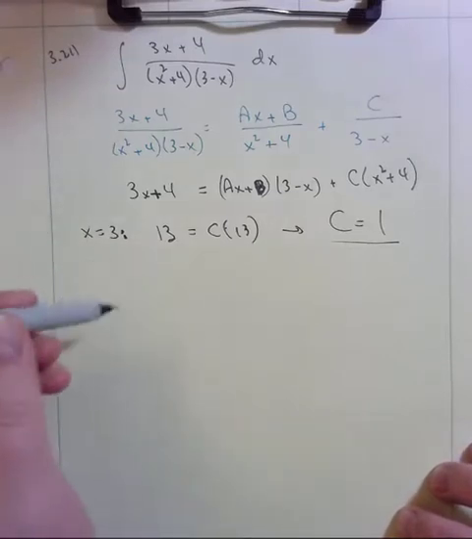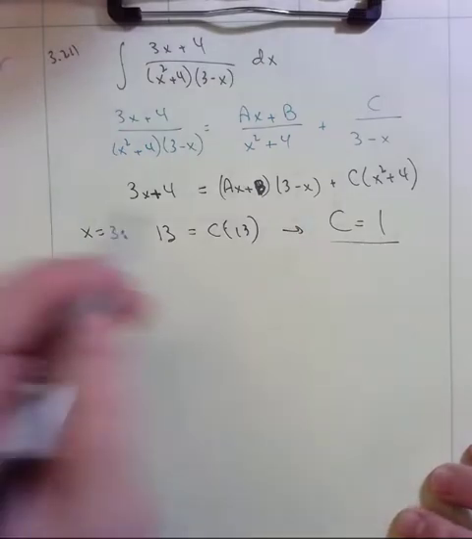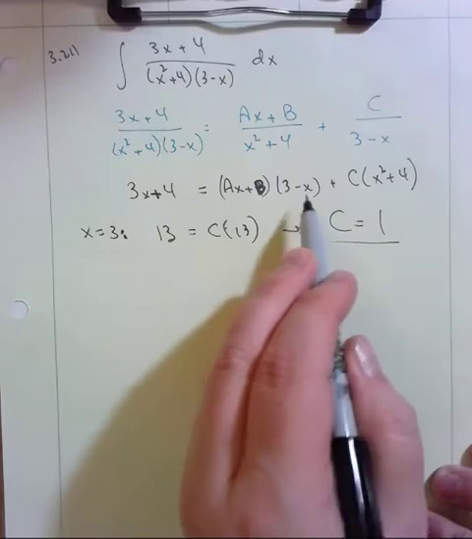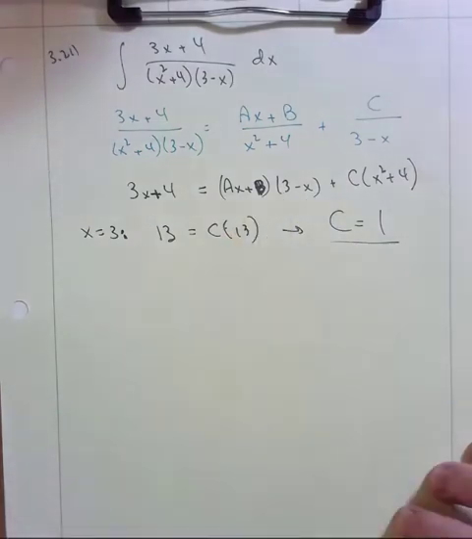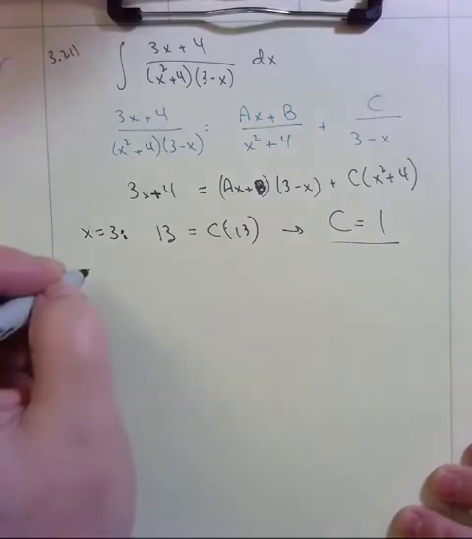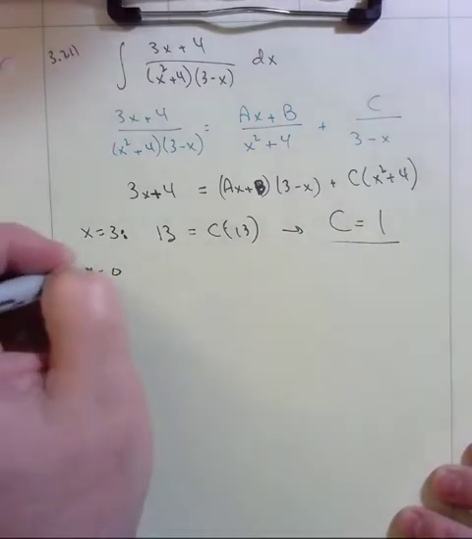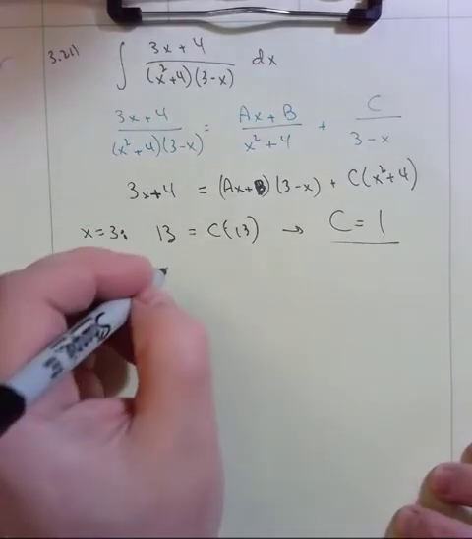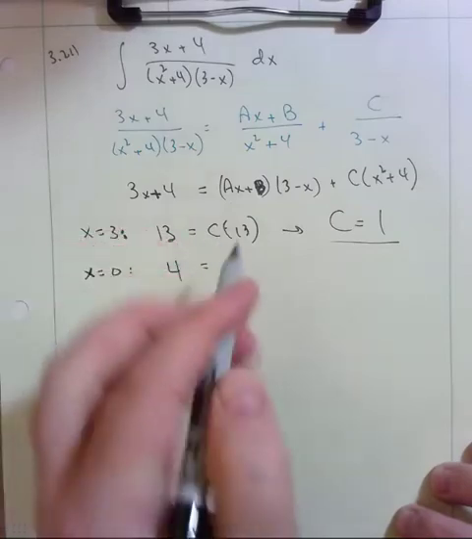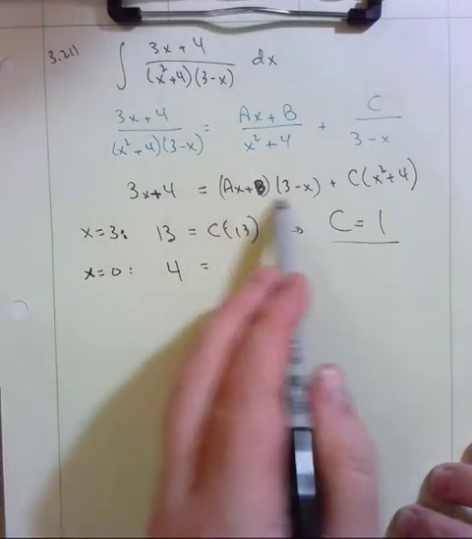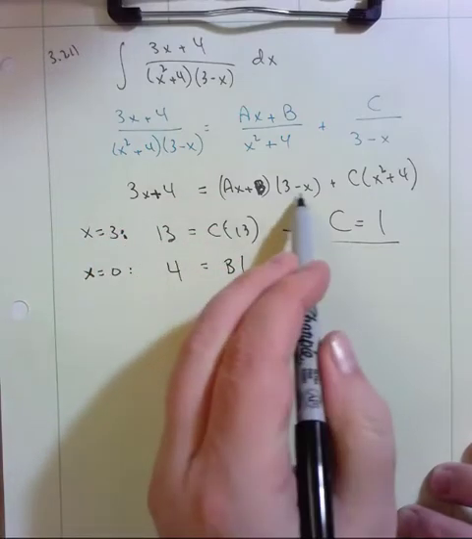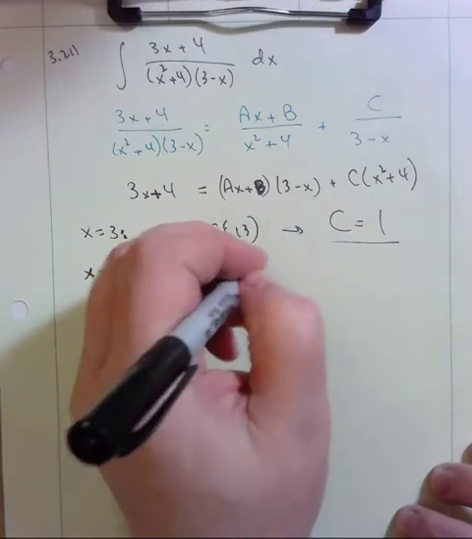Well, let's pick another value of x. X equals 3 was really the only immediately obvious good value because it makes an entire term drop out. There are no values of x that will make entire terms drop out, but x equals 0 is usually a pretty easy value to work with. When x is 0, this left-hand side is 4. This right-hand side starts with 0 plus b times, when x is 0, a 3.